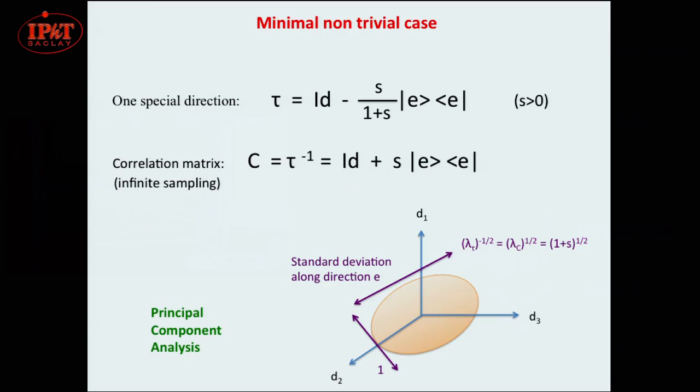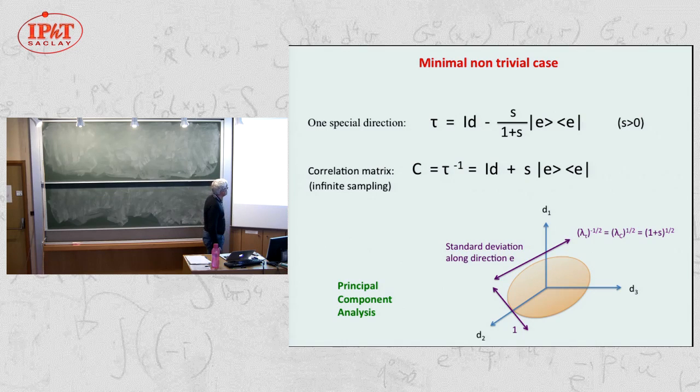In the simplest setting, we assume the tau matrix has all eigenvalues equal to 1 but one, which is a little bit smaller than 1. It's 1 minus s over 1 plus s, where s is a positive parameter. That means that the covariance matrix, which is the inverse of tau, will have one eigenvalue larger than unity.